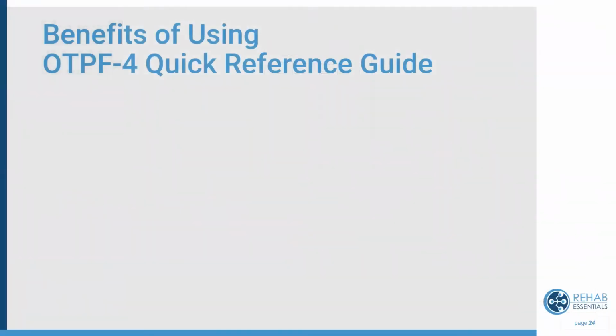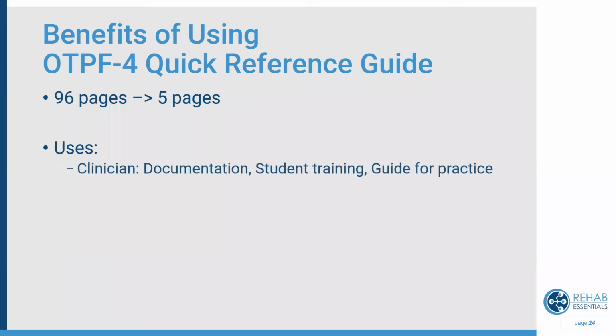So let's take another look at the quick reference guide. It is a time saver because you aren't flipping through as many pages. And as far as uses go, clinically, I think it would be helpful for student training and as a guide for practice, especially when you are looking for certain terms, maybe like all the aspects of context, or if you want to check that you've covered all the motor and process skills.